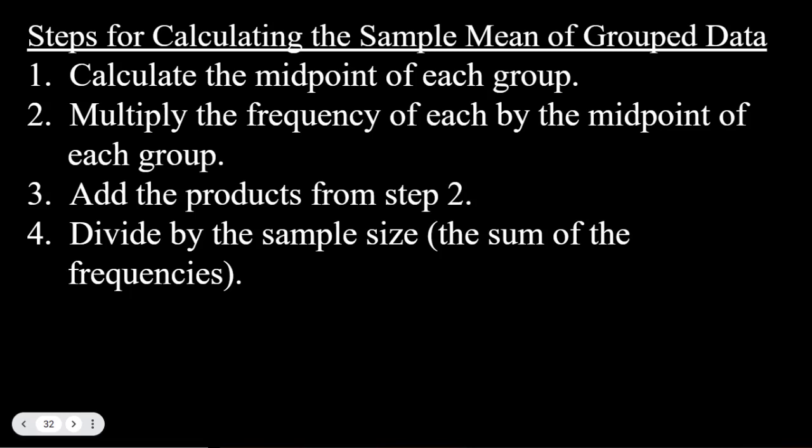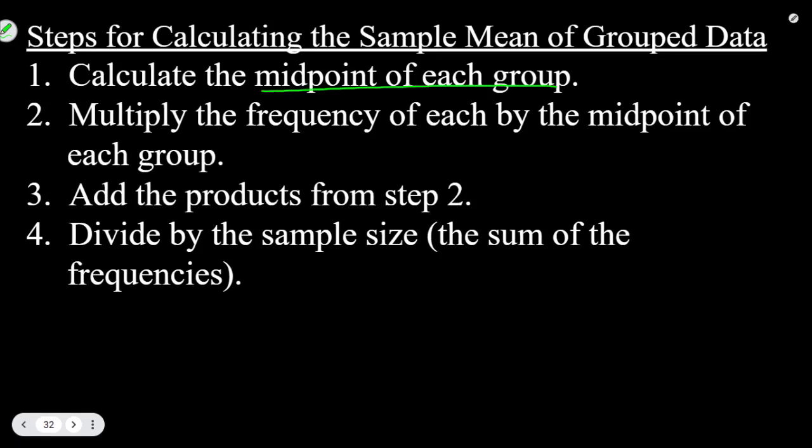Then you're going to add up all those products, just like we did on our last example, and divide by the sample size, which is the sum of the frequencies. So very similar to what we just did. The only difference is, since we don't know the individual values for each row, we're going to have to use the midpoints of the group to use as the values to estimate that.